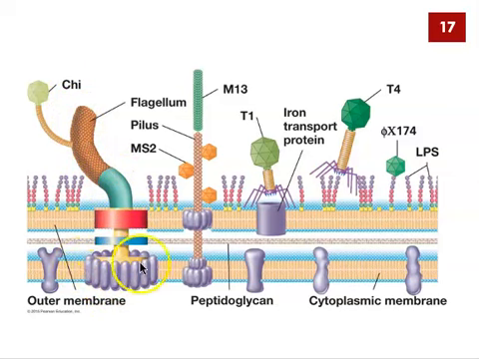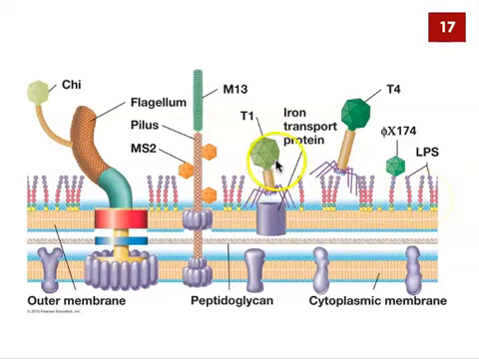Notice how it's anchored in the cell membrane and again in the outer membrane. The tail structure then extends out into the environment. That's a flagellum. This structure right here, which is also anchored in each membrane, this is a pilus.